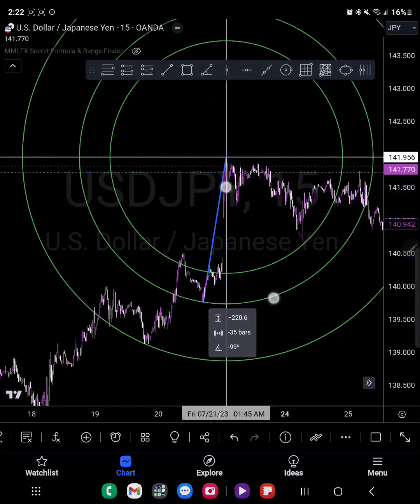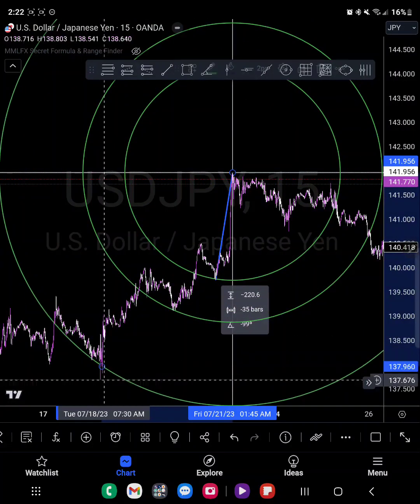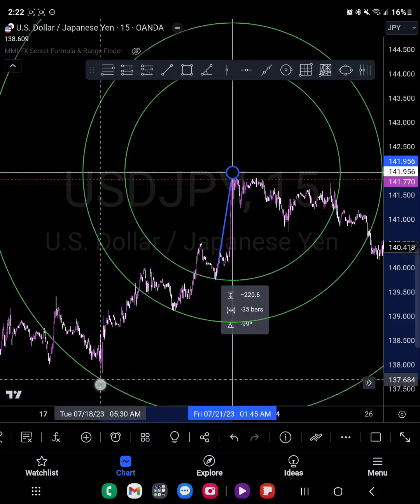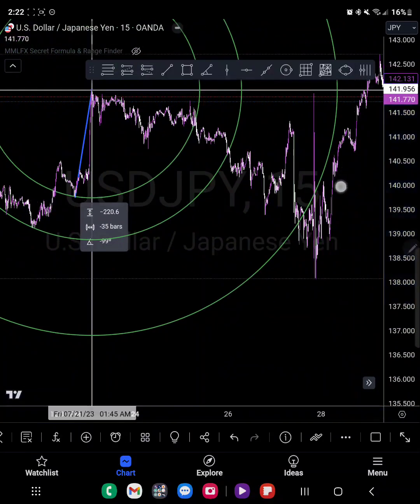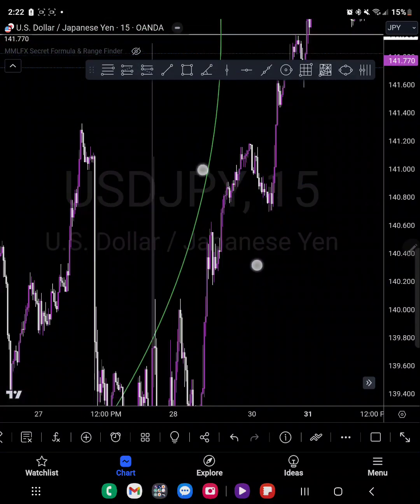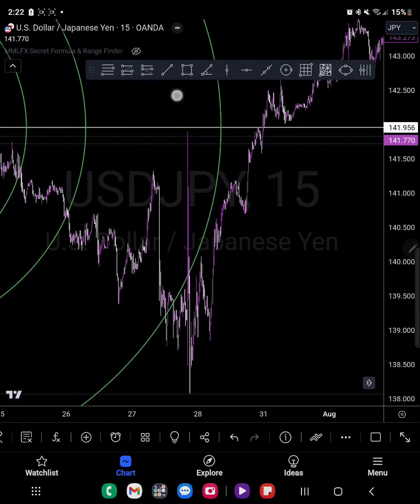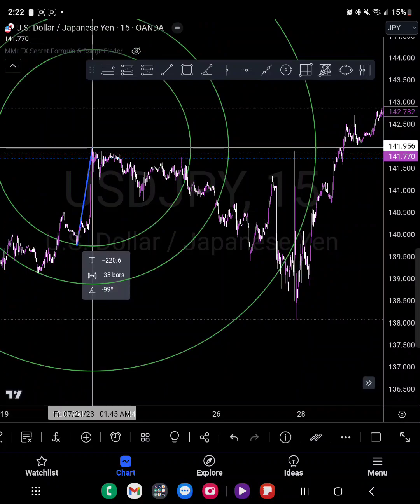I'll stretch that out. Lock that. You can see some interesting things happening here, aside from this monstrous wick that came up but stopped everybody out. Interesting stuff here.